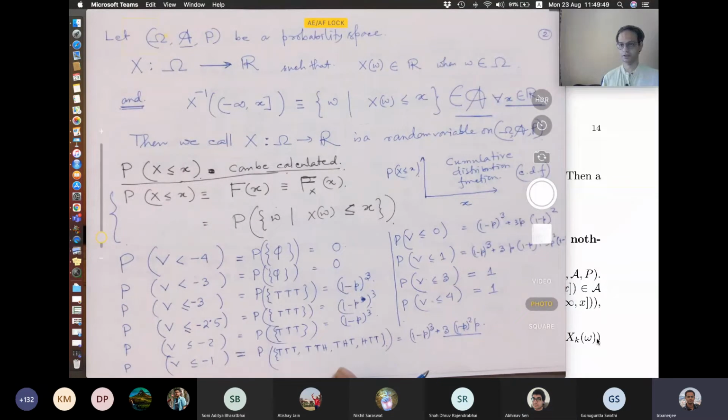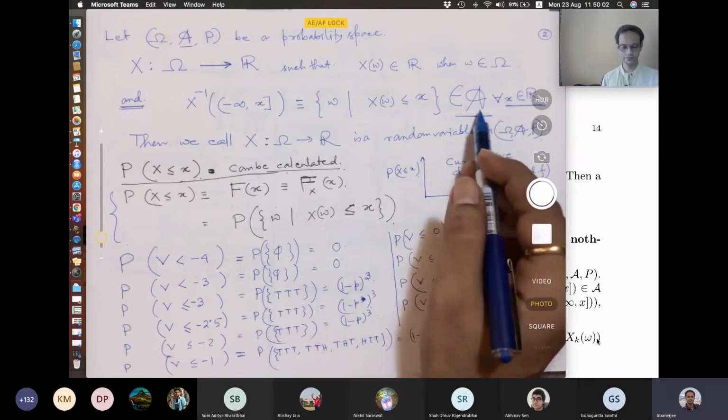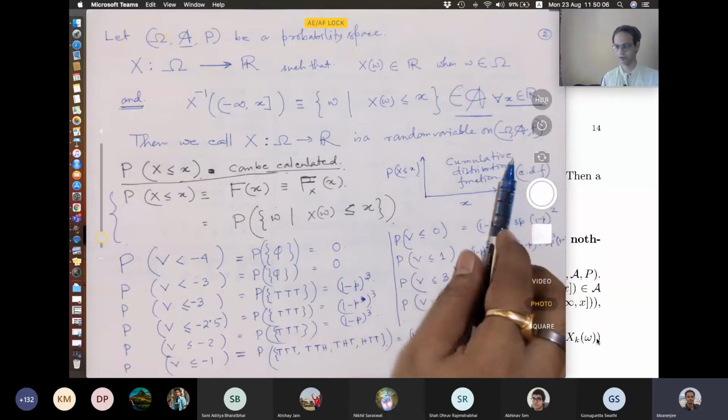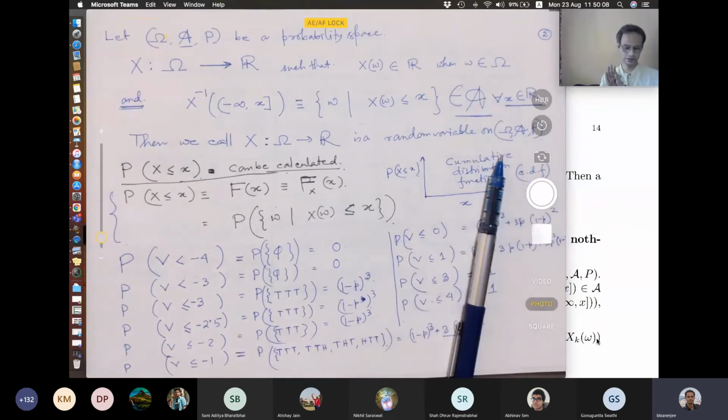The problem happens when you are dealing with the entire real line or R^n. Then the problem often occurs. There are many sets whose inverse image doesn't belong to the sigma field. This is not in your course, or definitely not in any first course of probability.